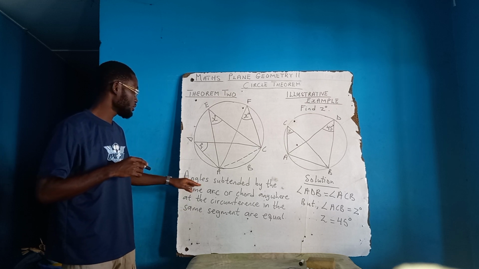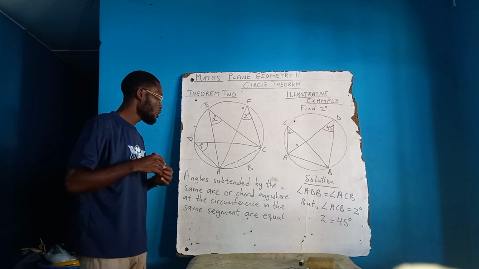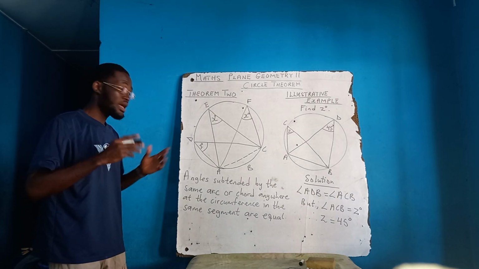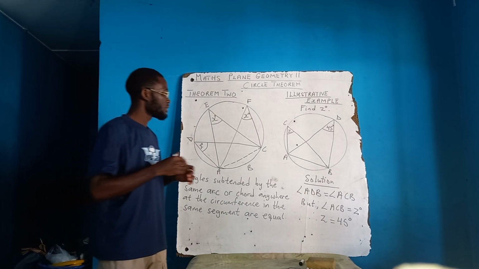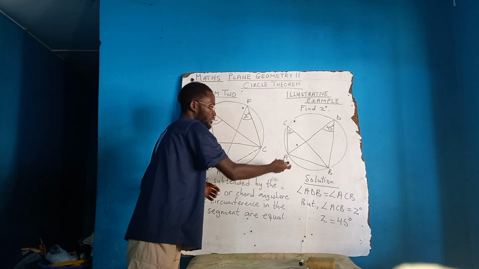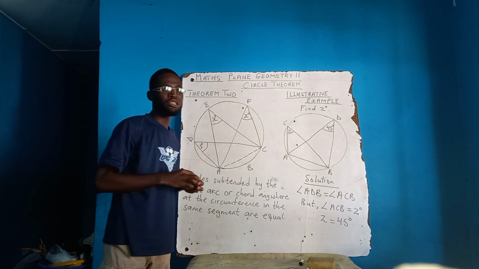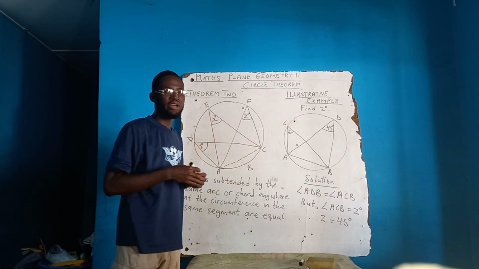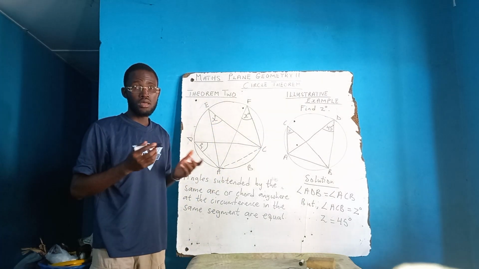Why? Because angles subtended by the same arc or chord anywhere at the circumference in the same segment are equal. So as far as both angles rely on the same chord, whichever angles are subtended at the circumference ought to be equal.